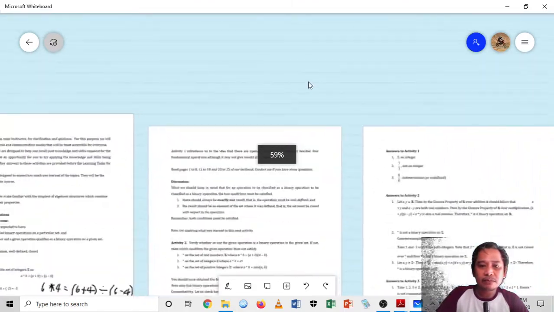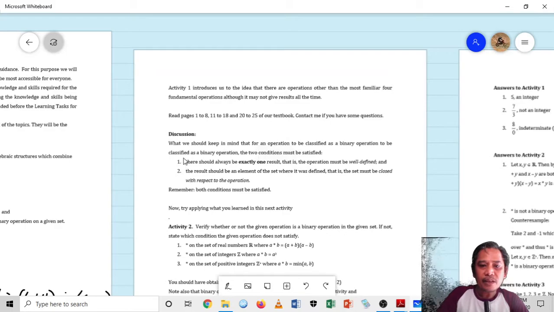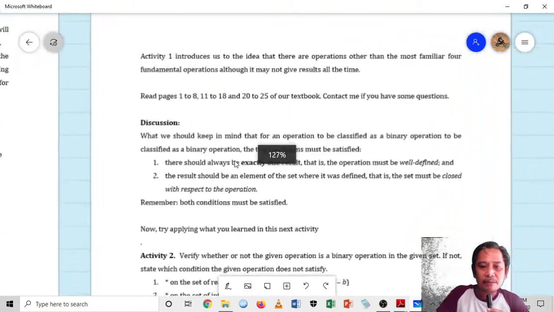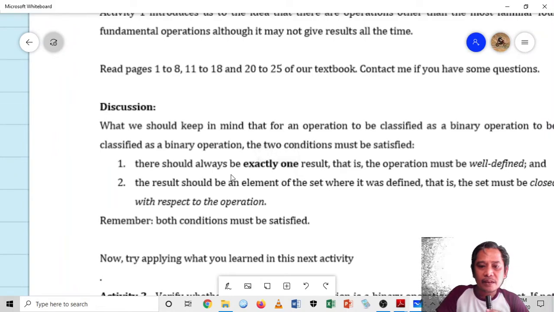If we would try to read that here, we should keep in mind that for an operation to be classified as a binary operation, it should satisfy two conditions. First, there should always be exactly one answer or one result. That is, the operation must be well defined. And second, such result should also be an element of the set where it was defined.